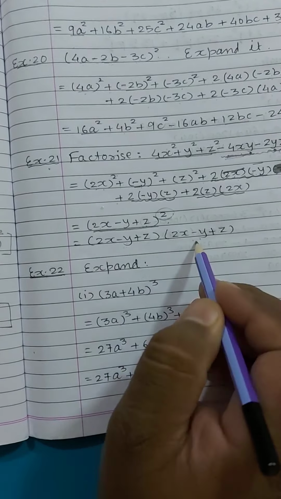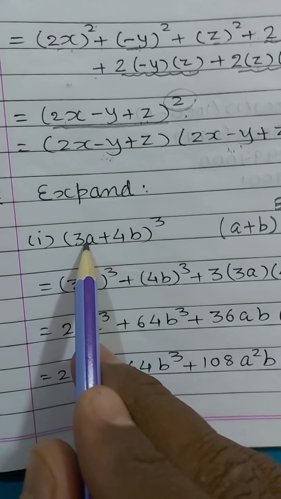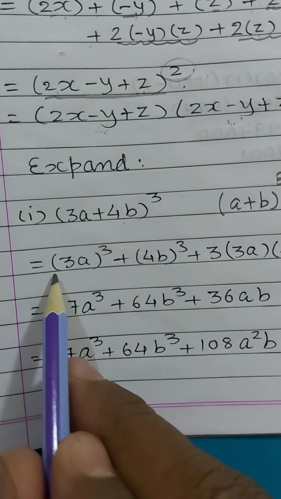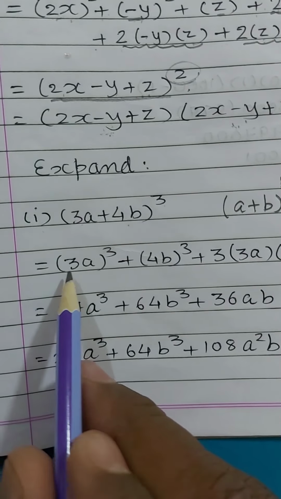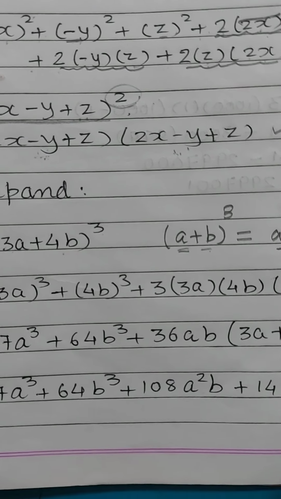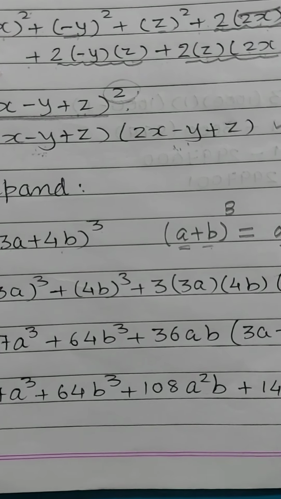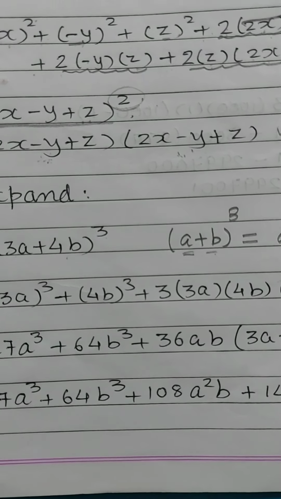Okay, see the question. 3a plus 4b whole cube. That is equal to, according to the identity, cube of the first term plus cube of the second term plus 3 into first term into second term into a plus b, that is first term plus second term, right?